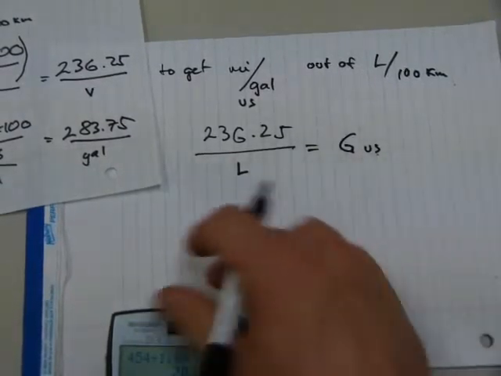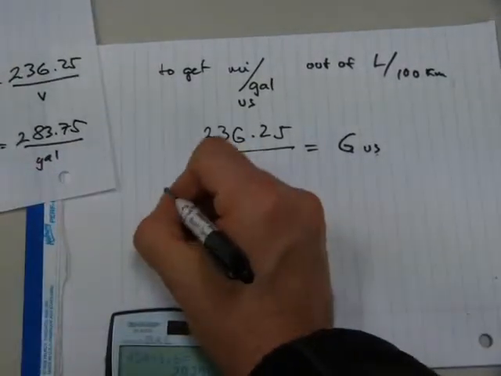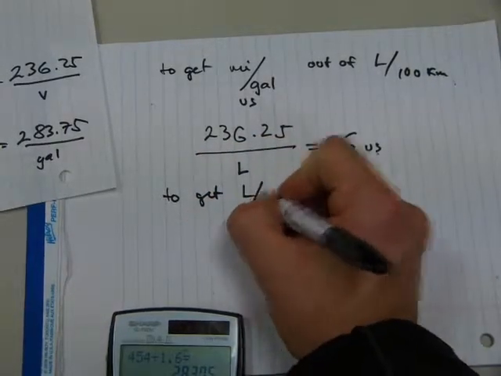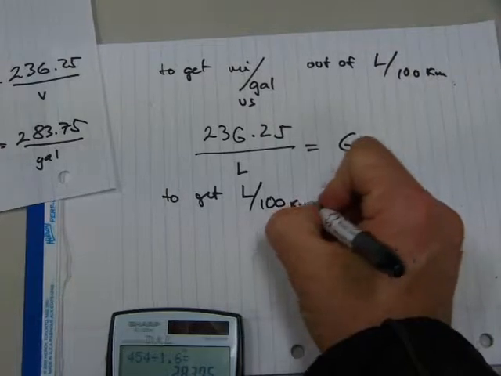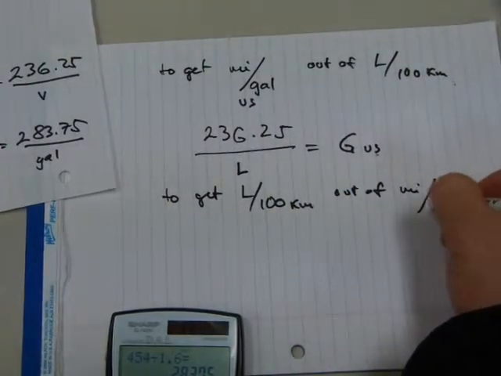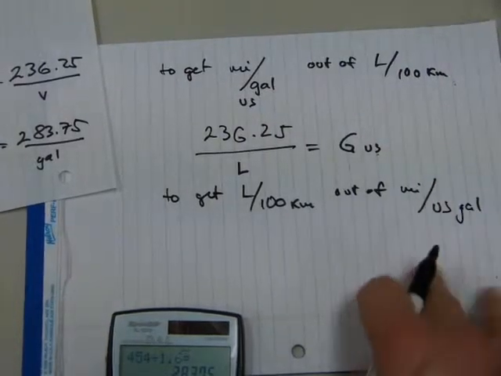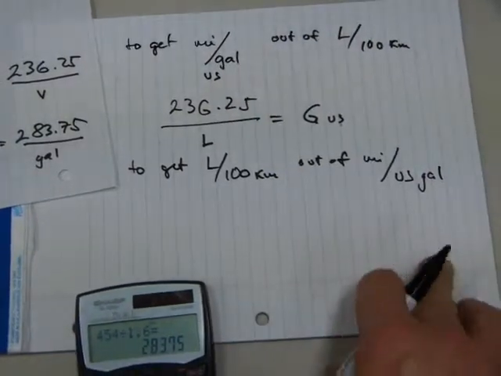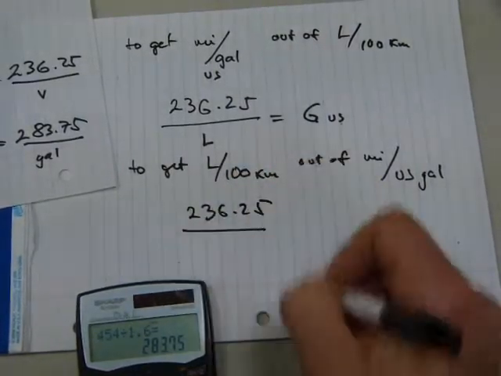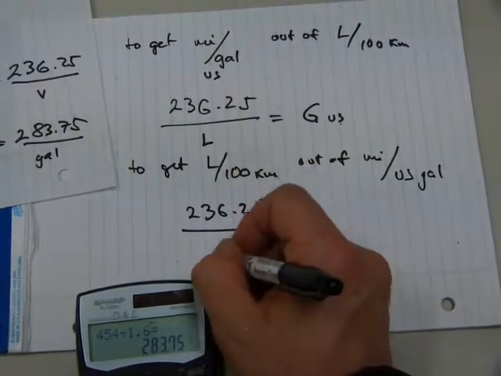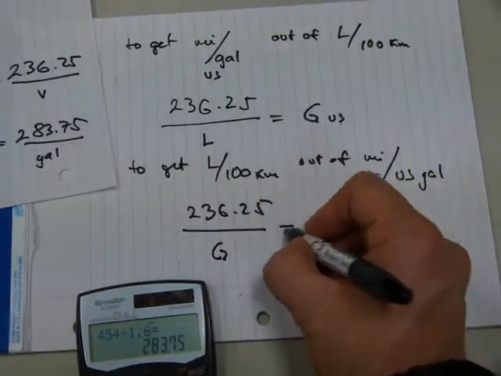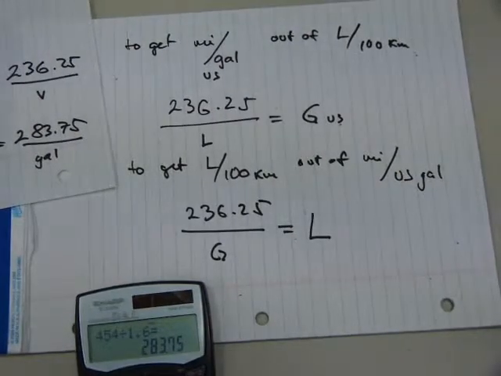Or to get liters per 100 kilometers out of miles per US gallons, what one needs to do is 236.25 gets divided by the number of miles per gallon, and you're going to get liters out of it.